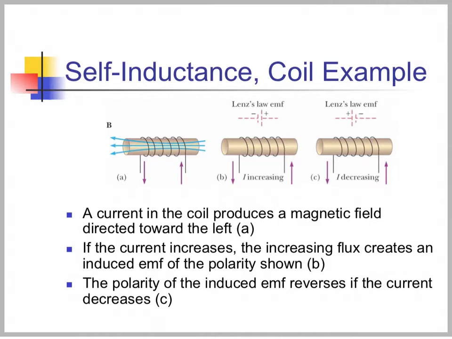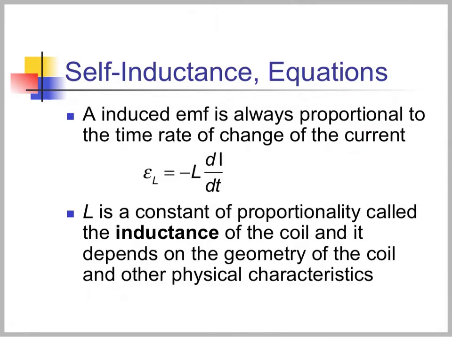The polarity of the induced EMF reverses if the current decreases. An induced EMF is always proportional to the time rate of change of the current, or E is minus L di dt. L is the constant of proportionality, and we call that the inductance of a coil, and its value is going to depend on the geometry of the coil and physical characteristics of the wires.